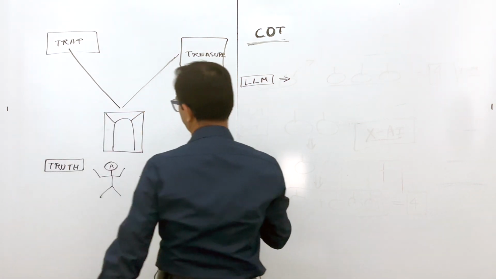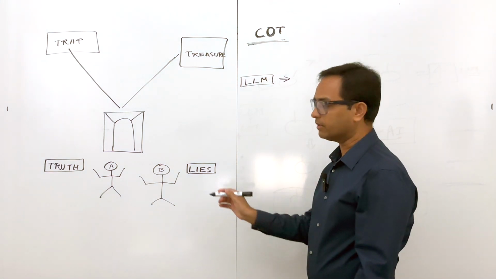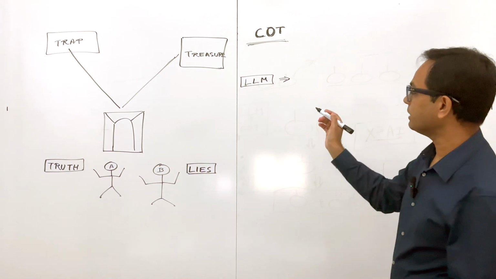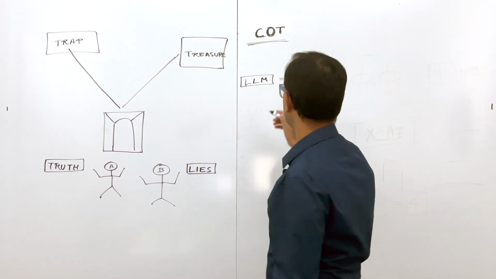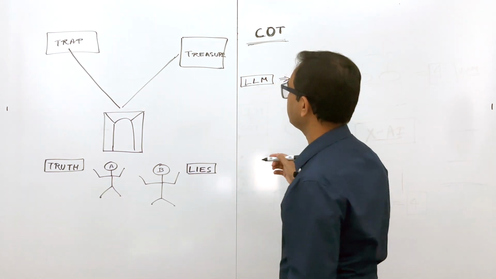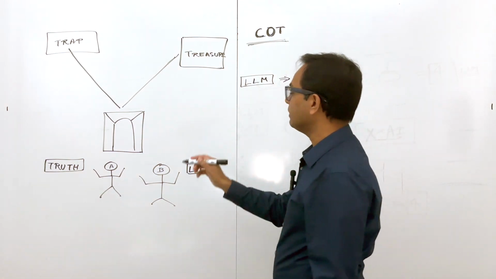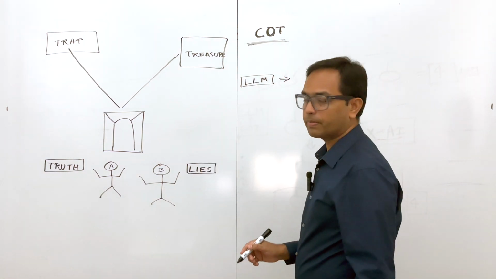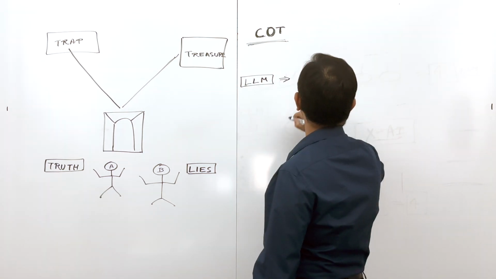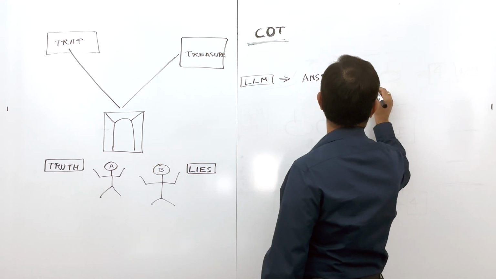So you asked the LLM, and the LLM said it doesn't matter, go to either guard, whether it is saying the truth or lies, you don't know anyway. Just go to any of the guards and ask that guard, what would the other guard tell me if I ask where the treasure is? Whatever is the answer, do not take that path, take the other path.